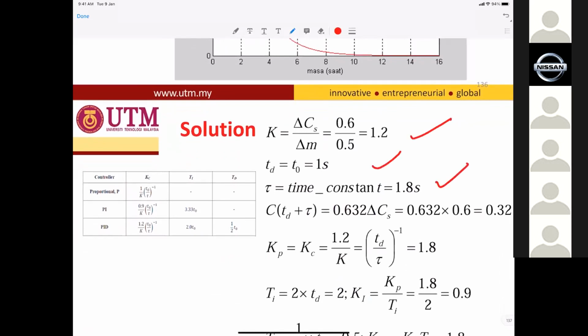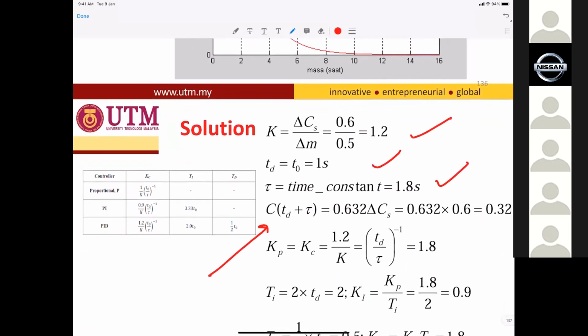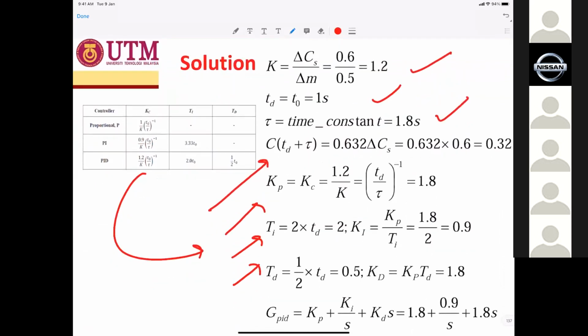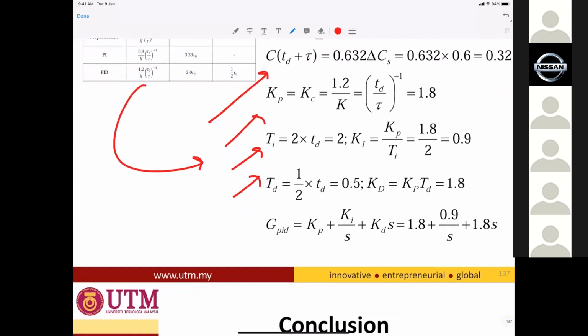It's given in the graph. So you use the formula for the output. Then you obtain the KP, TI, and TD using the table from here. The provided table is there. Then you get the GPID for the Cohen method, which is 1.8 for the KP, 0.9 for the KI, and KD 1.8.